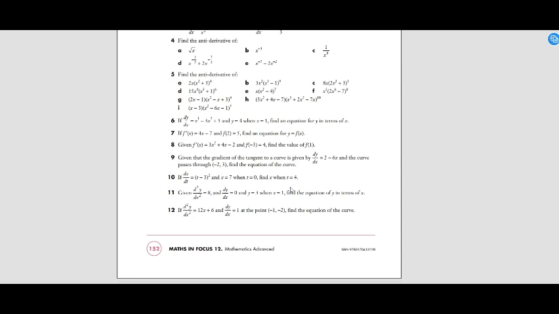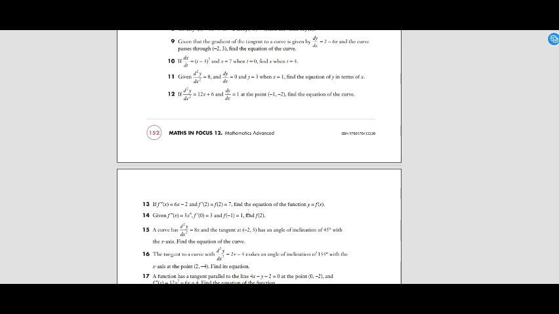Find the equation of y in terms of x. Very interesting problem. So the 11th problem and the 12th problem, I will do tomorrow, but you know what? Figure out how to do it. It should be easy if you study derivatives.